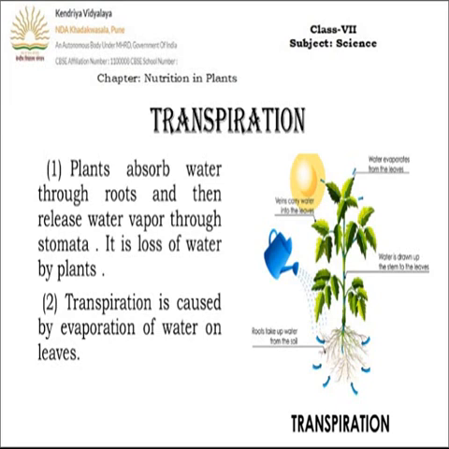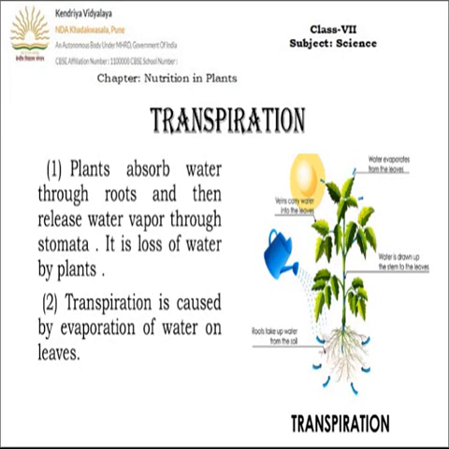Plants absorb the water through roots, and this water which reaches the open surface of the leaf is sent into the space in the form of vapors in the presence of sunlight. That means the small pores present on the leaves, the stomata, are also meant for loss of water in the form of vapors.